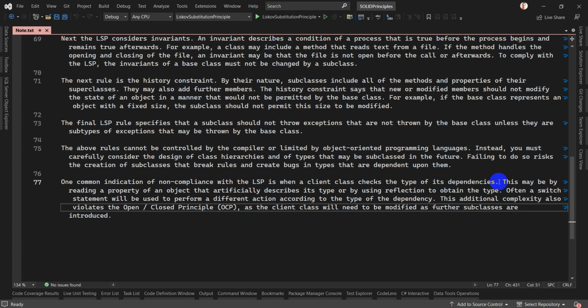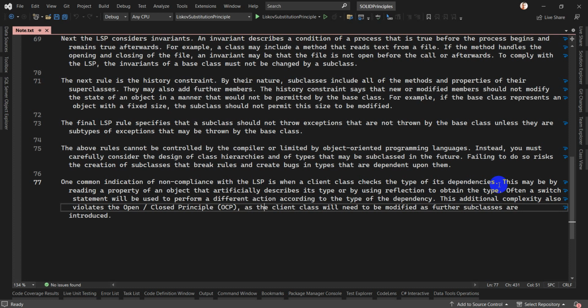We have all seen methods with parameters, and then in the body of those methods we have a switch statement or some conditional statements that check the type of the input parameter, and based on the type we do different things. For example, if the input is of type rectangle, we do something. If it is of type square, we do something else. If it is of type circle, we do something else, right?